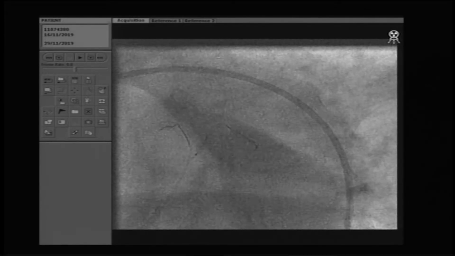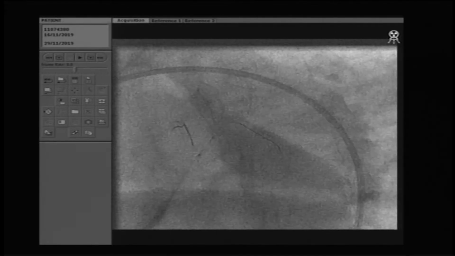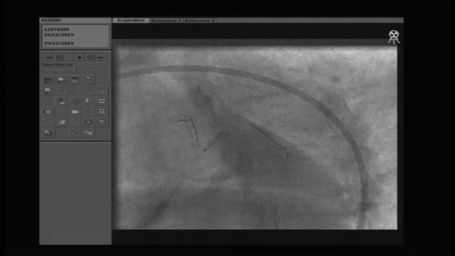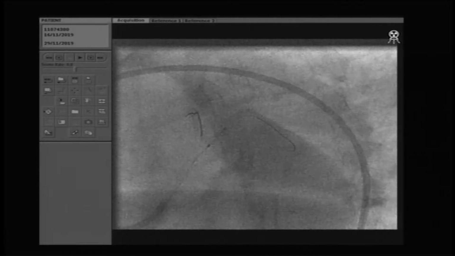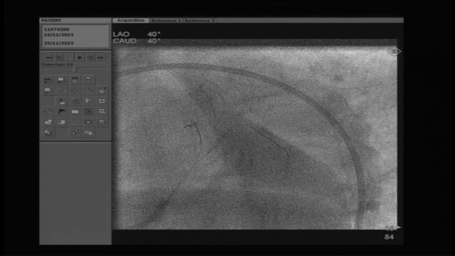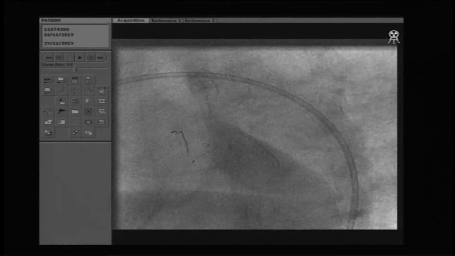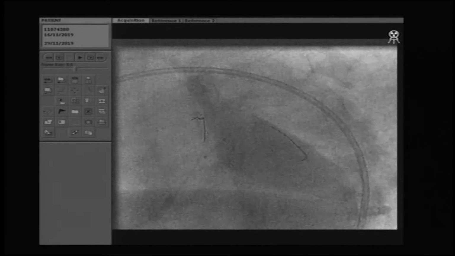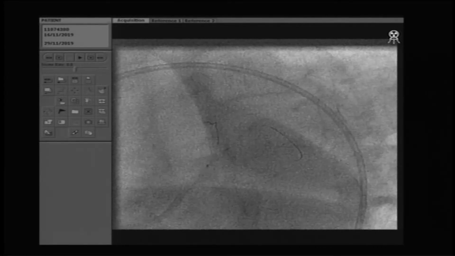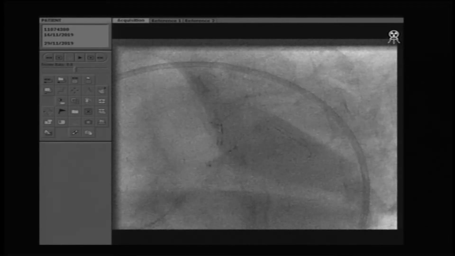Go up. 4, 6, 8, 10, 12. Deflate. Okay, go up. 2, 4, 6, 8, 10.